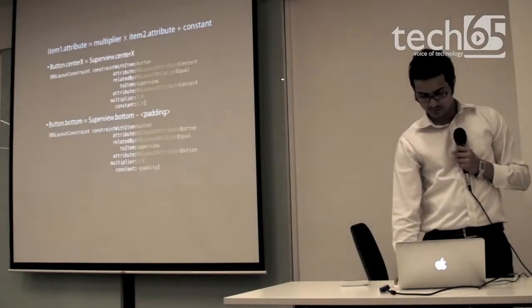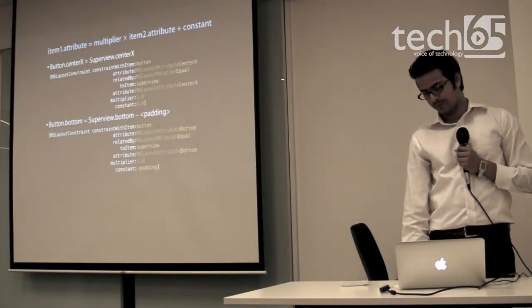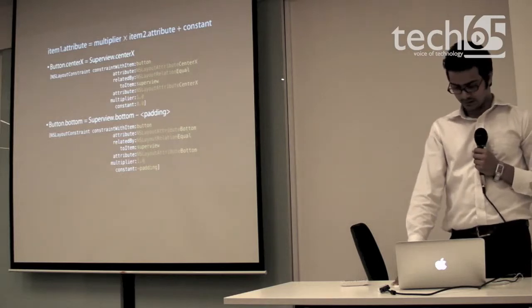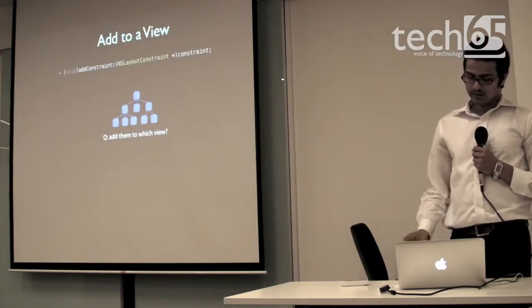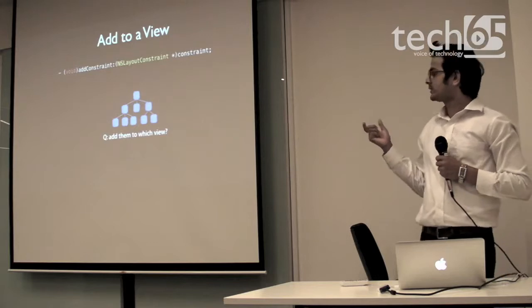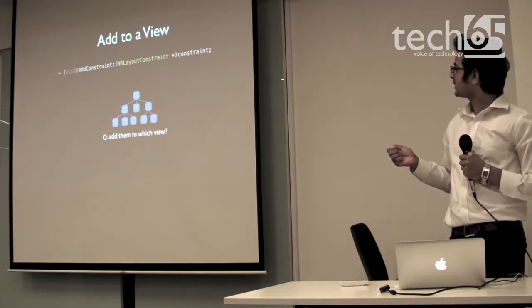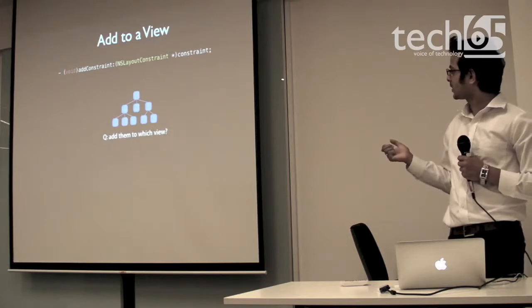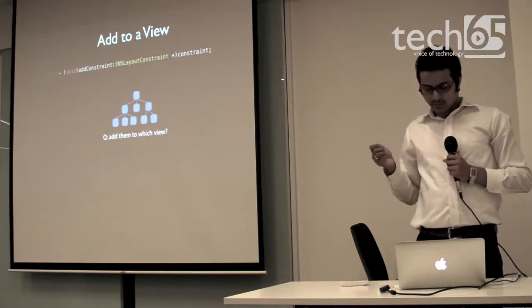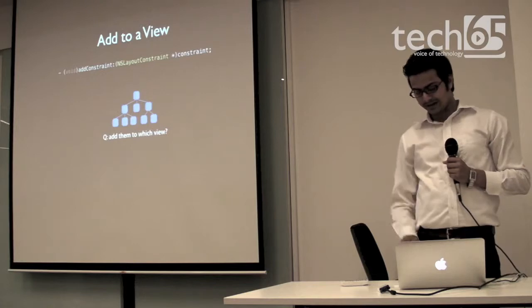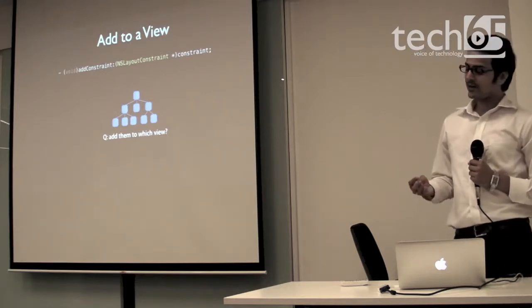So that's all about how you want to create it using code. The way you add it is using the addConstraint API, like you use the addSubview API. Here you use addConstraint and you specify the constraint. The question comes where you want to add it. There are basically 3 rules for it.